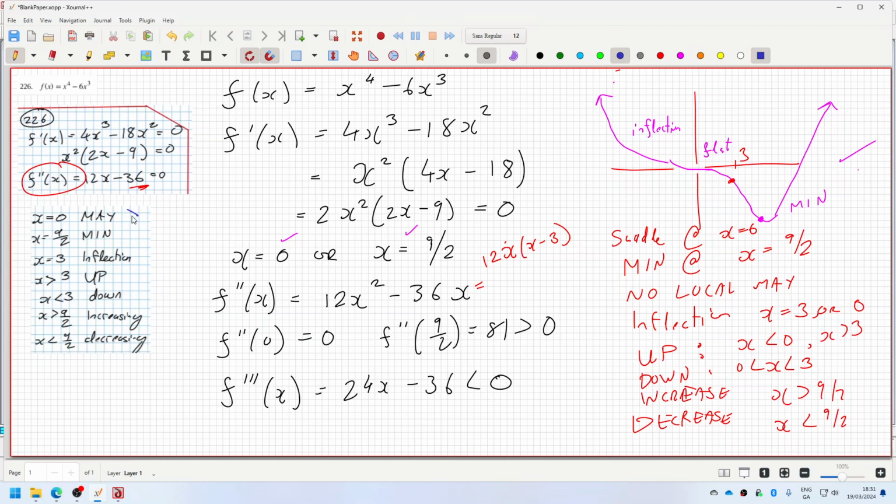No max, so that's wrong. Minimum at 9 over 2, inflection at 3, but also 0, which I missed because the x is gone. Yeah, and because of the 0, I missed the 0 to 3 here. And it's increasing more than 9 over 2 and decreasing less than that. Yep, okay, thank you for catching that.